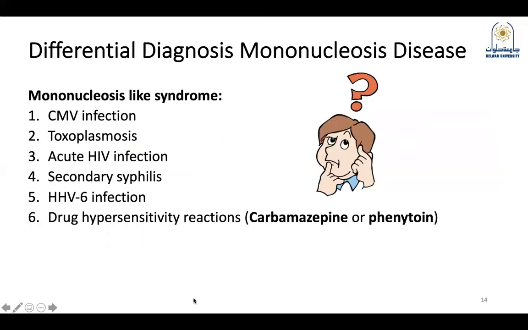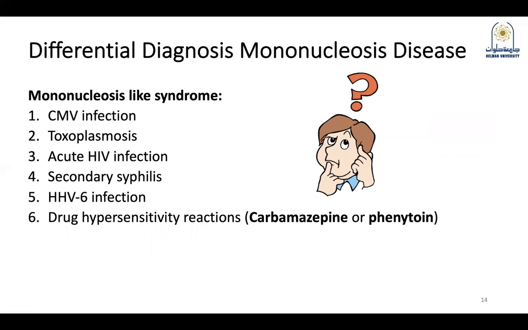The differential diagnosis of mononucleosis includes mononucleosis-like syndromes like cytomegalovirus infection, toxoplasma, acute HIV infection, syphilis, herpes type 6, and drug hypersensitivity reactions that mimic features of mononucleosis, as occurs with carbamazepine and phenytoin, which are anti-epileptic medications.